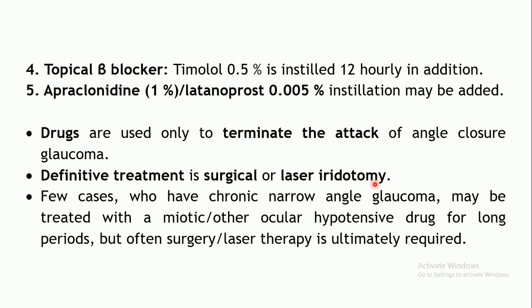In a few cases, those who have chronic narrow angle glaucoma may be treated with miotics or other ocular hypotensive drugs, but ultimately you should go for surgery or laser therapy. This is required to control this particular situation. The rest of the treatments are symptomatic and only to control the attacks.